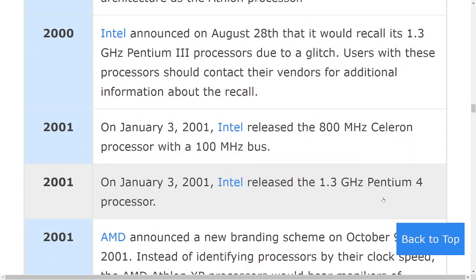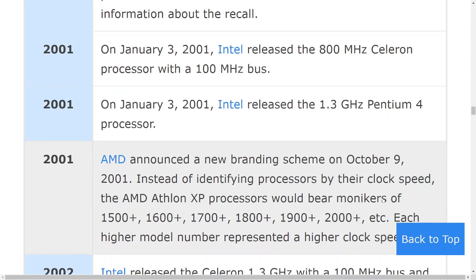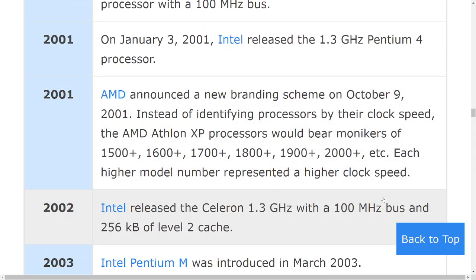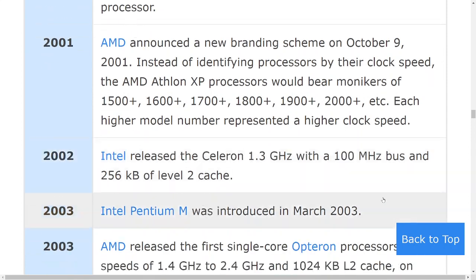In the same year, Intel released 1.3 GHz Pentium 4. In 2001, AMD announced a brand new scheme, AMD Athlon XP processors. Next year, 2002, Intel released Celeron 1.3 with 100 MHz bus.